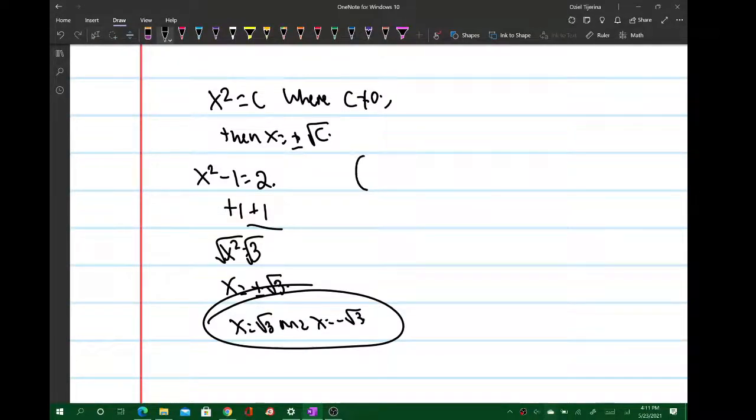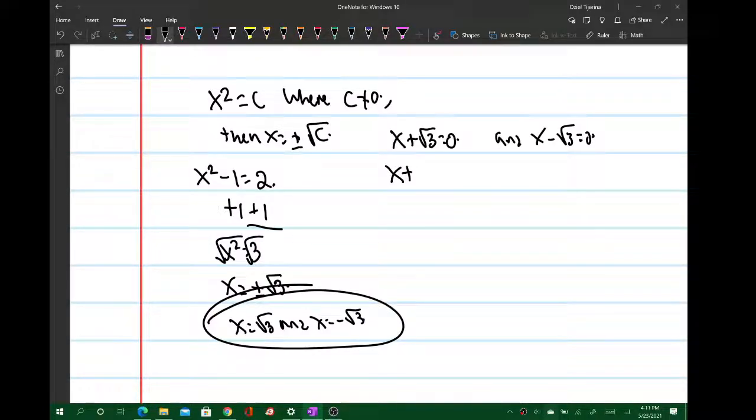And they factored it in the way that they said, well, of course, if we had x plus the square root of 3 equals 0, and x minus square root of 3 equals 0, right?